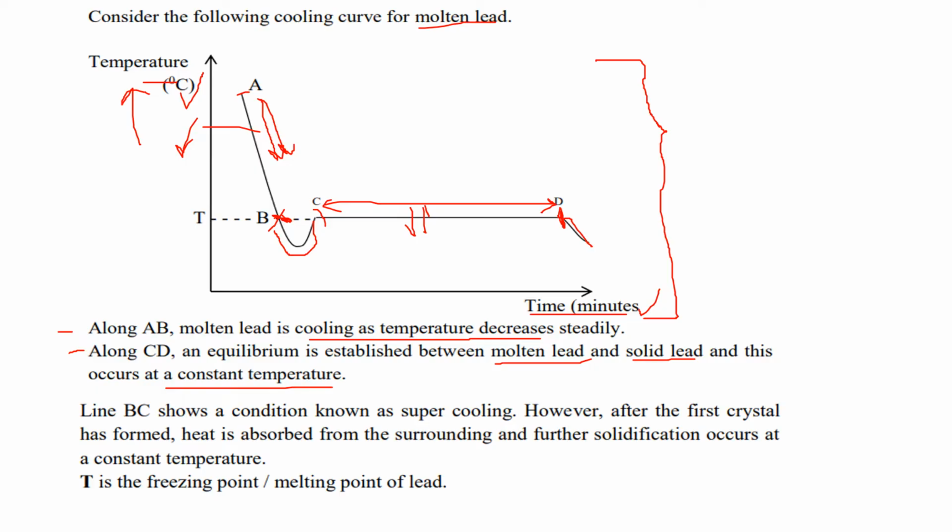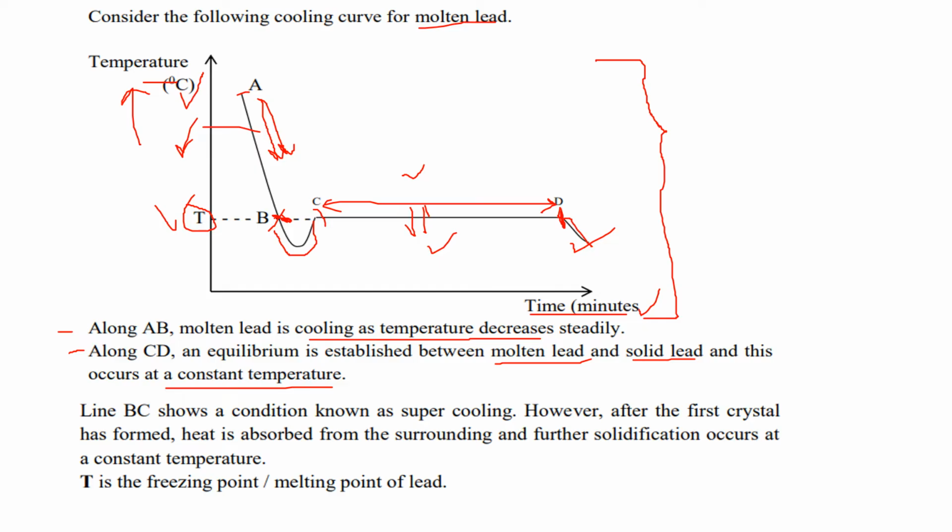So how are you going to explain that? Along CD, we extrapolated the temperature, and we are saying that this temperature, T, is constant. This is going to be our freezing point of molten lead, because it's the constant temperature at which solid lead exists in equilibrium with molten lead. Below that, all the molten lead is going to solidify, and that's the downfall.